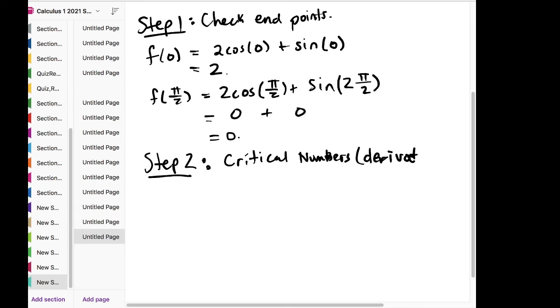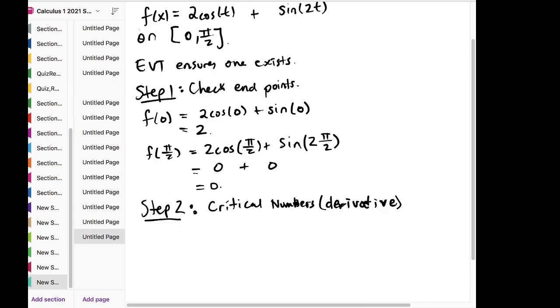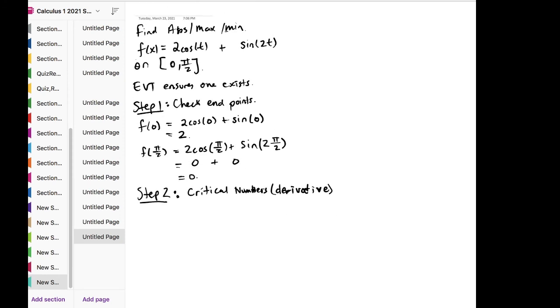Derivative. Okay, what is the derivative? Good, negative 2 sine.